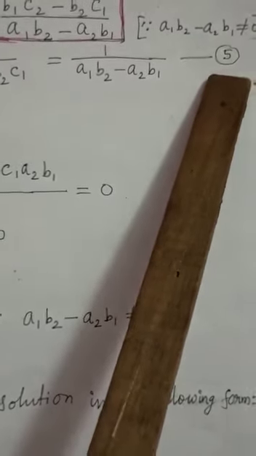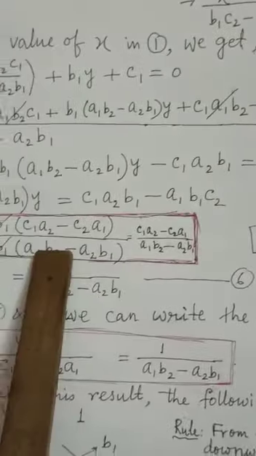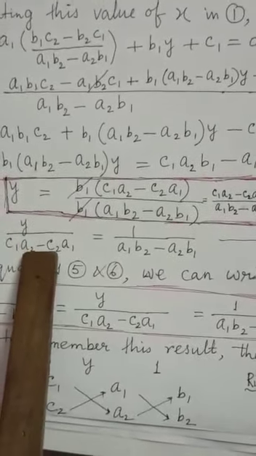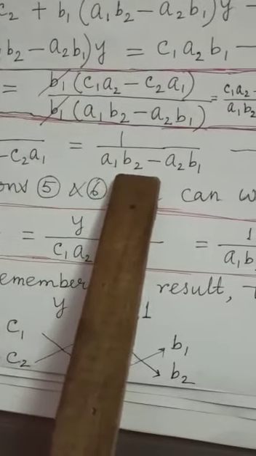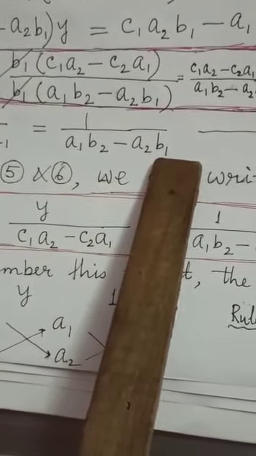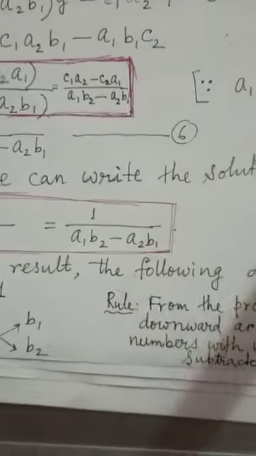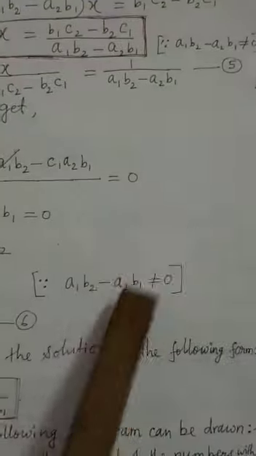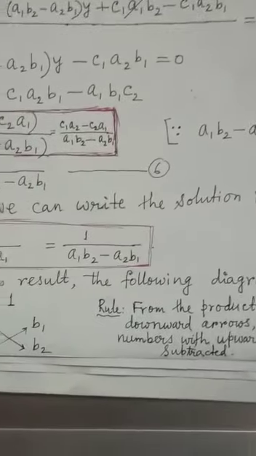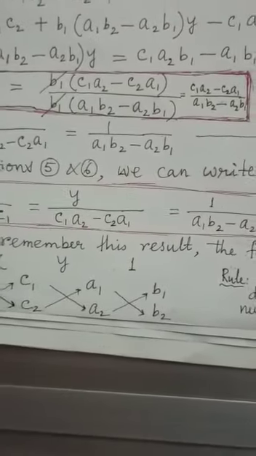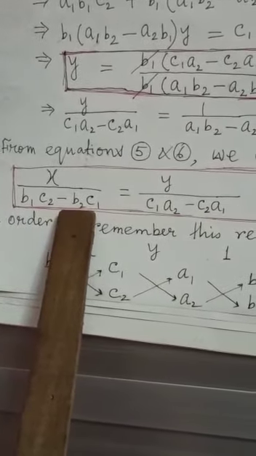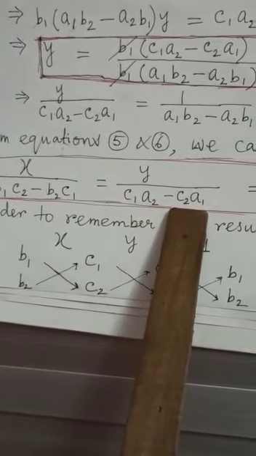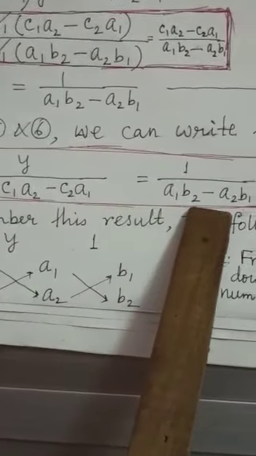Suppose it to be equation 5, and from this we get y upon c1 a2 minus c2 a1 is equal to 1 upon a1 b2 minus a2 b1. Suppose it to be equation 6. Now from equation 5 and equation 6 we get that these three are equal, that is x upon b1 c2 minus b2 c1 is equal to y upon c1 a2 minus c2 a1 is equal to 1 upon a1 b2 minus a2 b1.